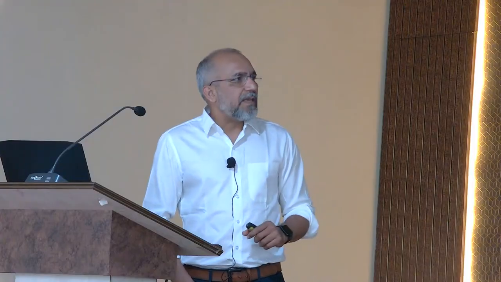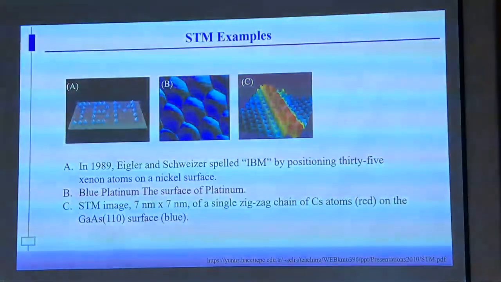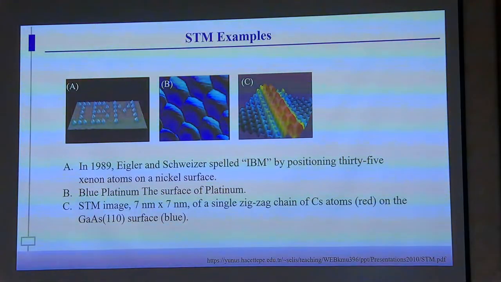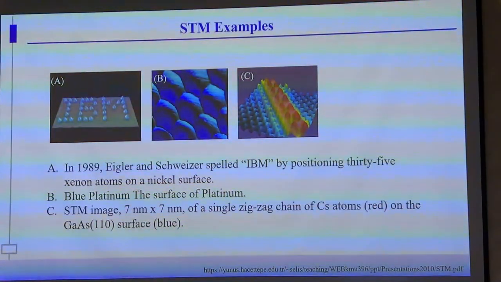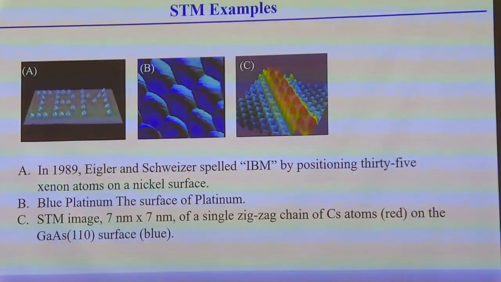Here are some examples of STM characterization. The first is from 1989, with IBM scientists. They positioned 35 xenon atoms on a nickel surface using STM and characterized it. Actually, they wrote the word IBM using that.